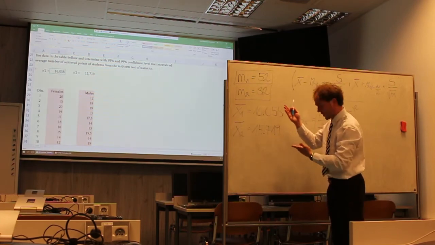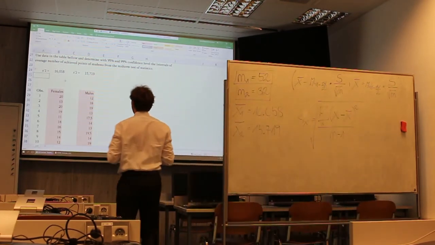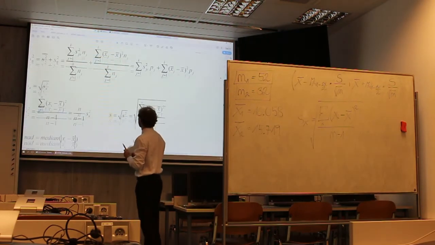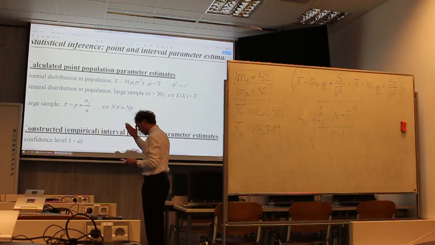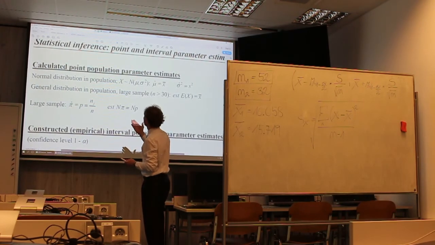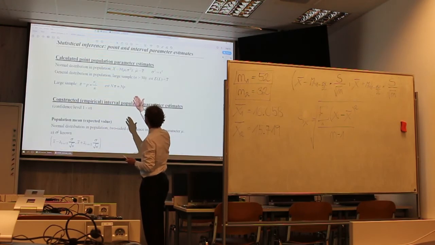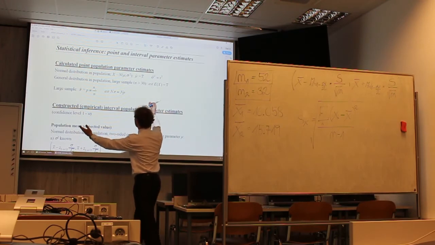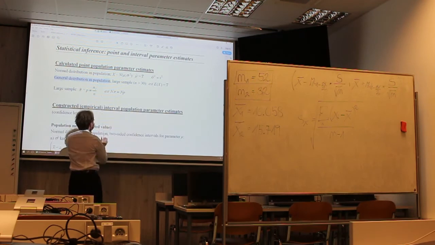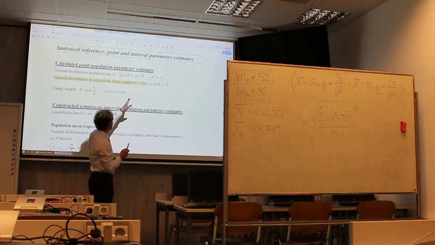What is this sample mean? You can check your formulas, and you can find it in the first row on the page with confidence intervals. Point population parameter estimates, general distribution in population, large sample when n is higher than 30, the estimated expected value EX is equal to x with stripe, the mean.